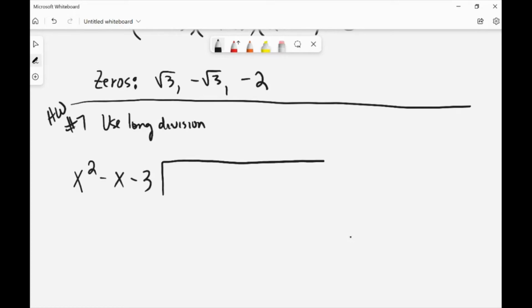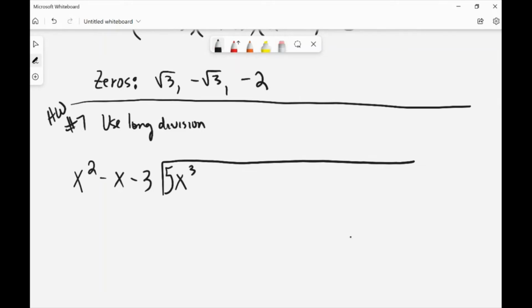Divided into x to the fourth plus 5x to the third minus 20x minus 17. Hold on. All right. So I did this part right here. Give it to me in descending order.